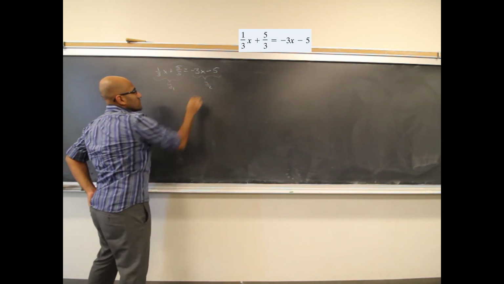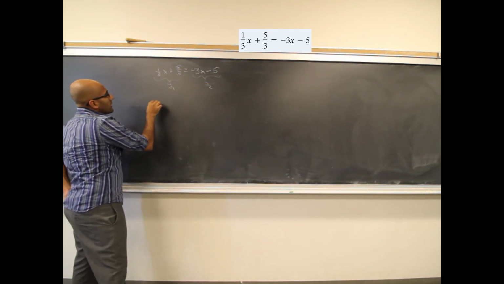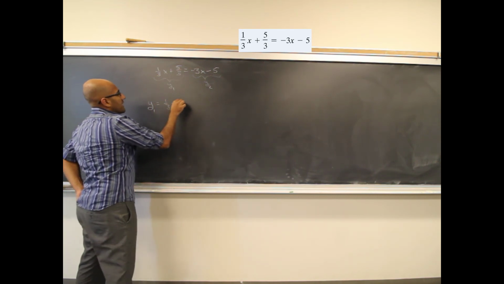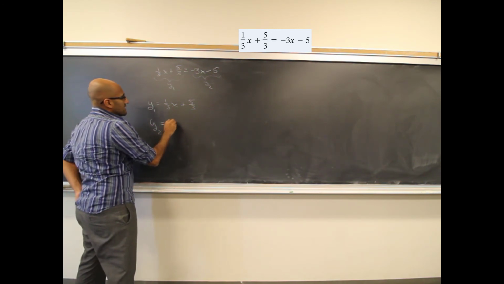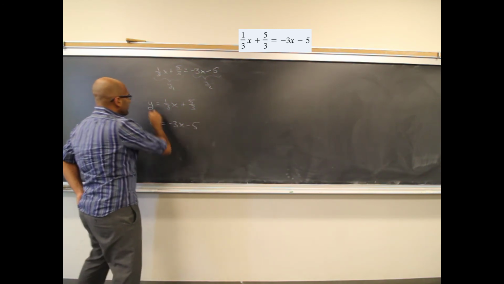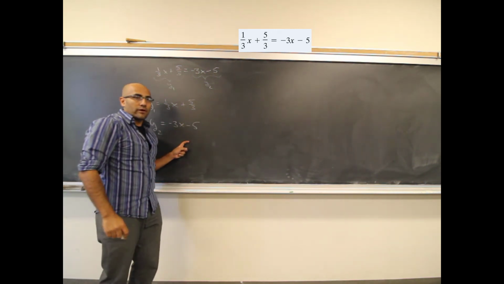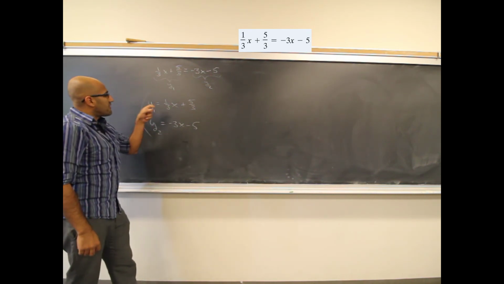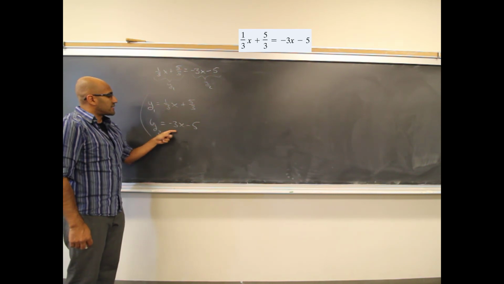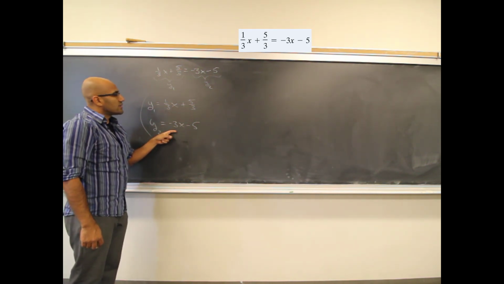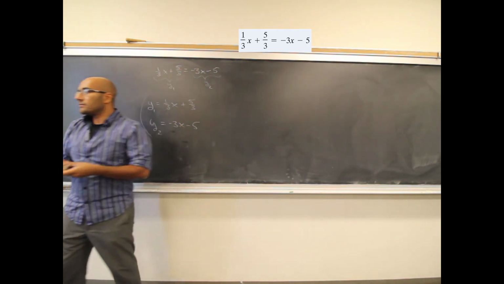Maybe 1, 2. So y sub 1 is equal to 1/3 x plus 5/3, and y sub 2 is then equal to negative 3x minus 5. So think about this system of equations. If I graph all of these, I can use my calculator and graph all of these, and I will get something that's similar to this.